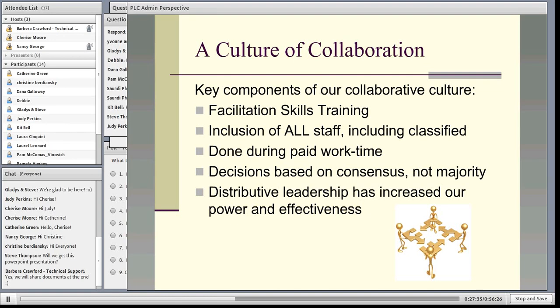And so my intent through this whole thing, as an administrator, was not to lead people step by step through a process, but to hand over as much of the ownership and autonomy as possible.